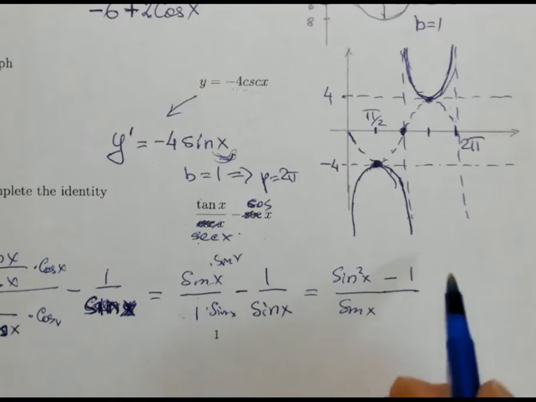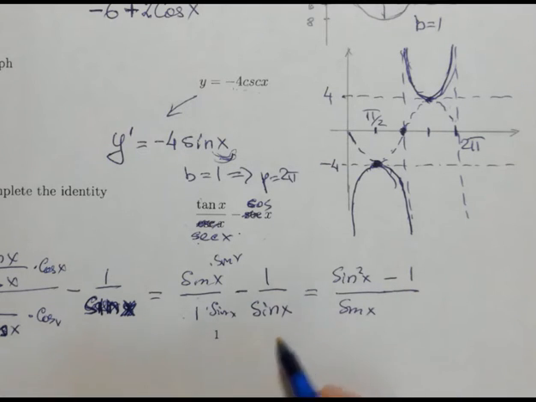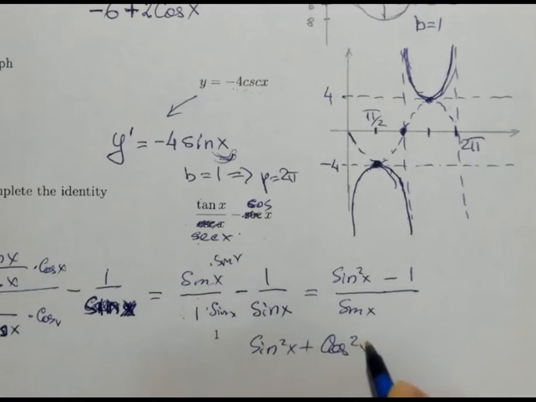This is a part of a Pythagorean identity. The most basic Pythagorean identity is sine squared x plus cosine squared x equals 1. So you can solve it either for sine or for cosine, subtracting one of them. Let us subtract sine squared from the left and from the right. You'll get cosine squared x equals 1 minus sine squared x.